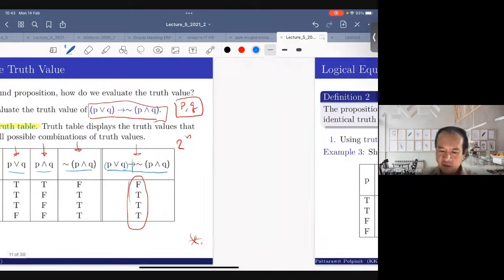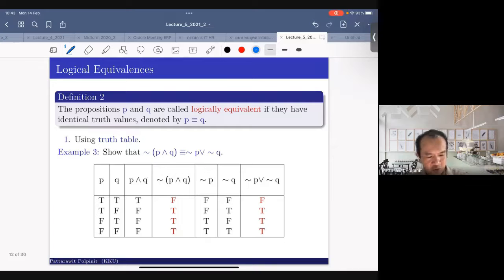Okay. The second one that we can use to find the truth values of a proposition is to use logical equivalence. Logical equivalence basically means that if you have two propositions, say P and Q, P and Q are logically equivalent when they have identical truth values.